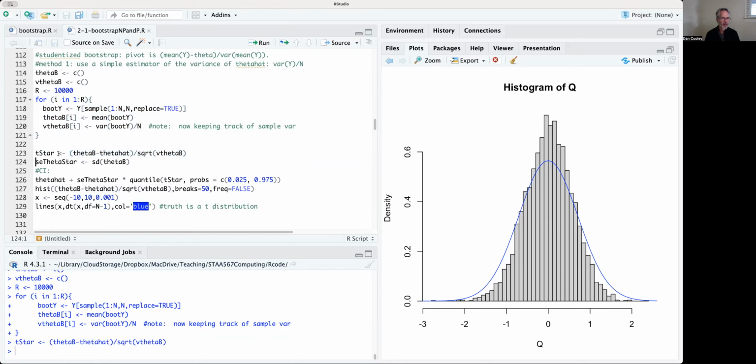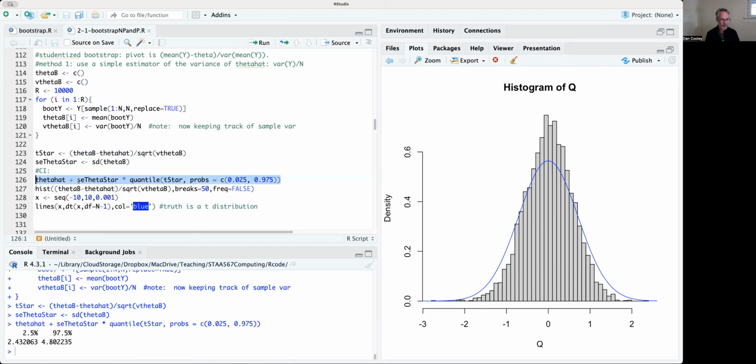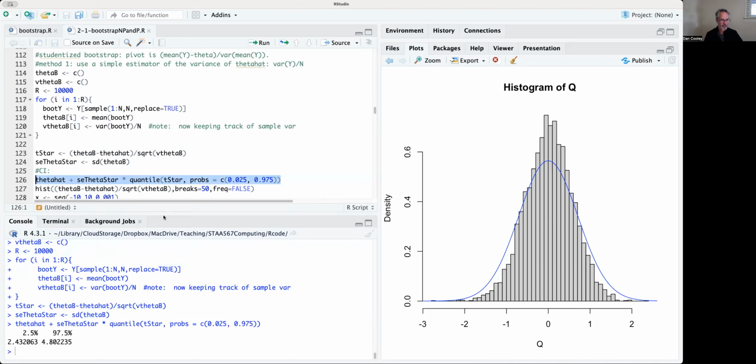So I get that collection of T stars. Here is our standard error associated with theta star, and then this corresponds with that line from the notes to get our confidence interval. Here is our confidence interval, 2.43 to 4.80.